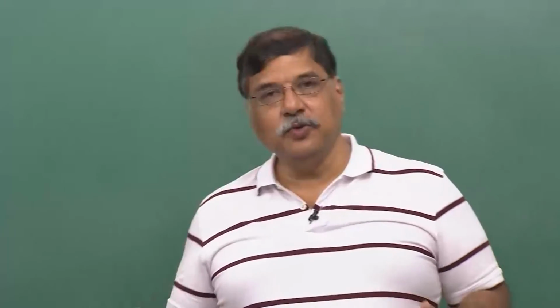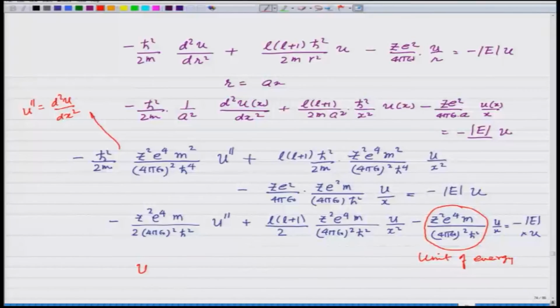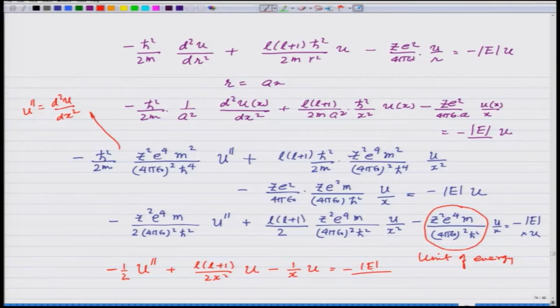So, you take it to the other side and you get minus a half u double prime plus L(L+1) over 2 x square u minus 1 over x u equals minus mod E over Z square e raised to 4 m divided by 4 pi epsilon 0 square h cross square, u. That is the equation.